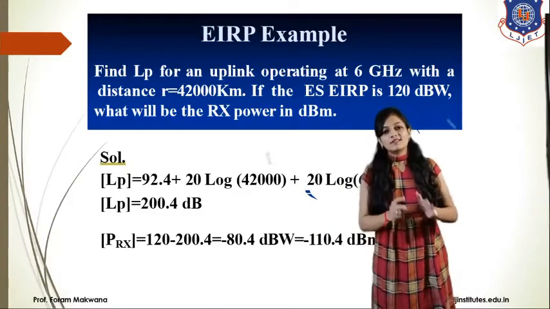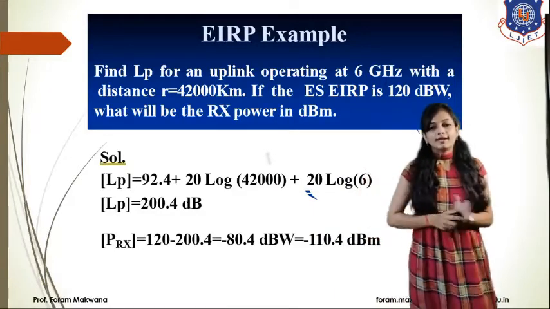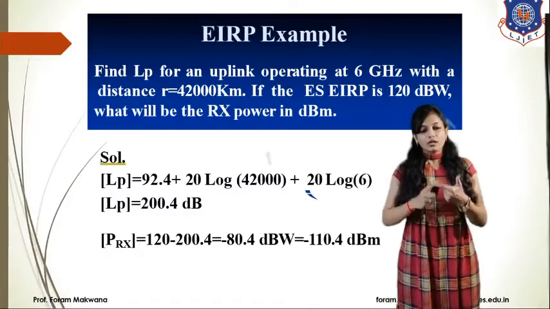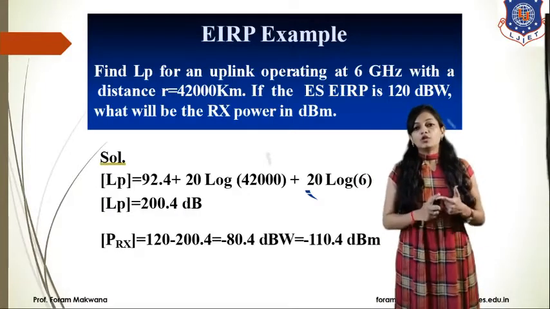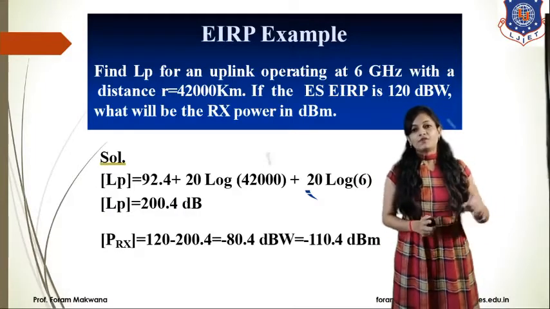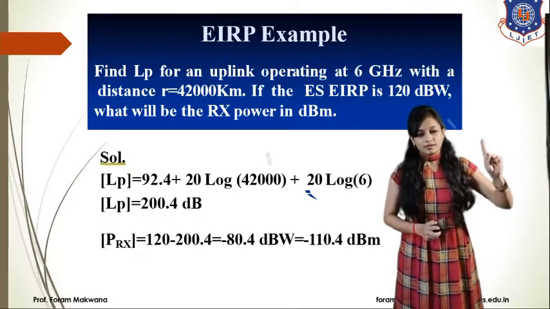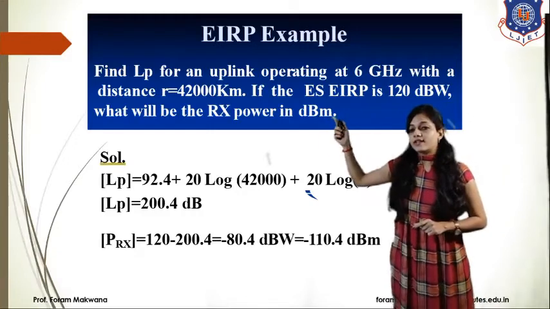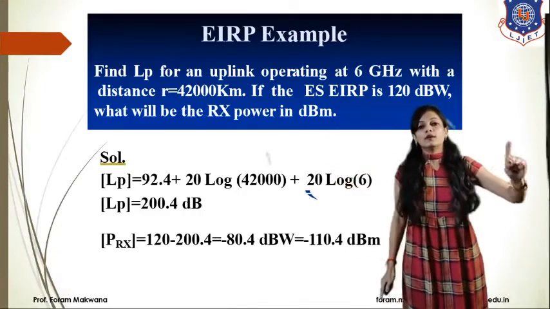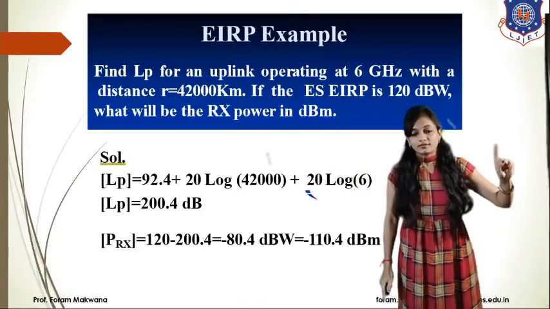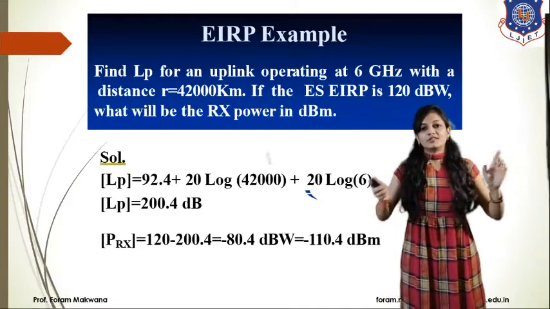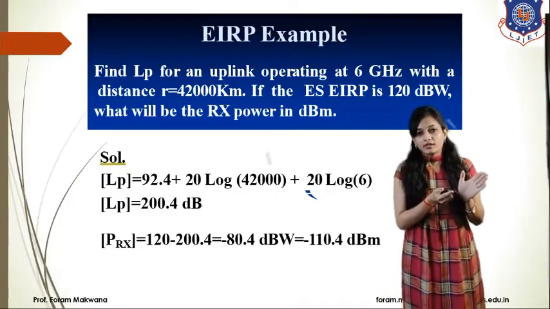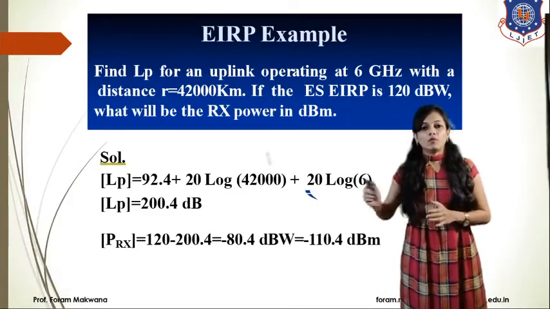Now, what is the difference between dB and dBm? dB means we calculate the decibel value with reference to 1 volt, and dBm means with reference to 1 millivolt. Whether it is voltage, the millivolt, or if it is power, the milliwatt.